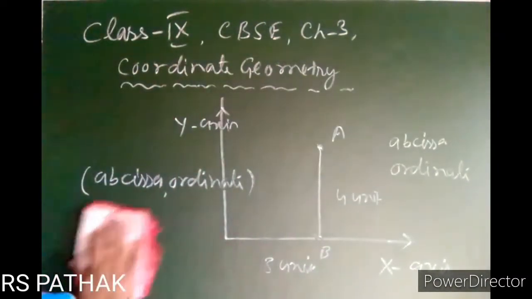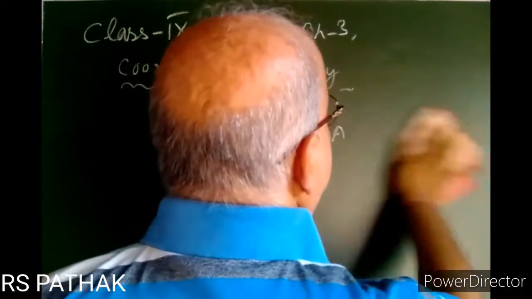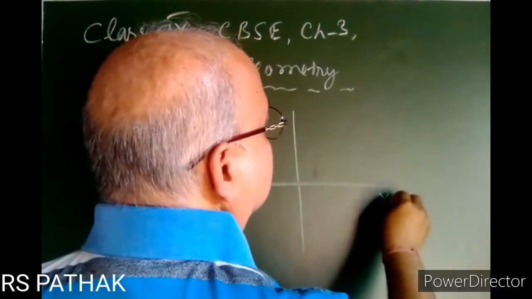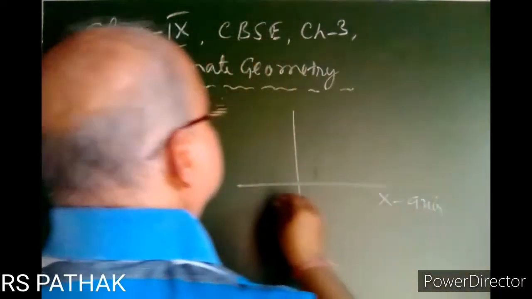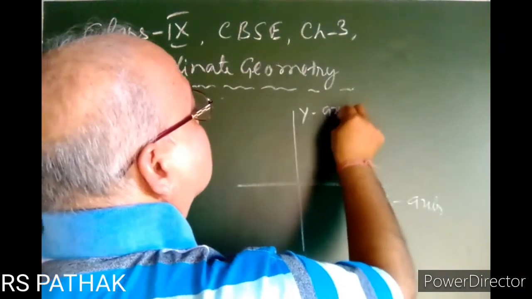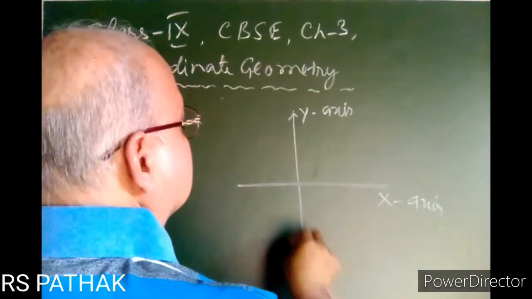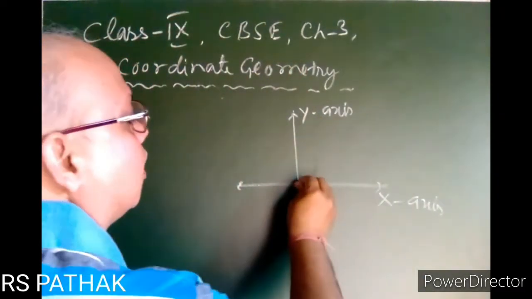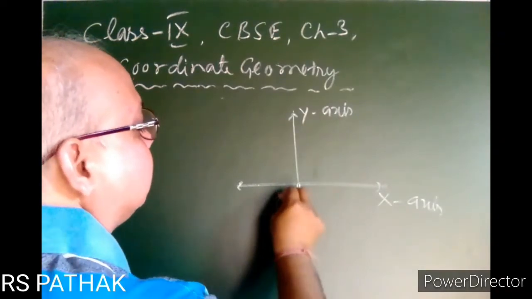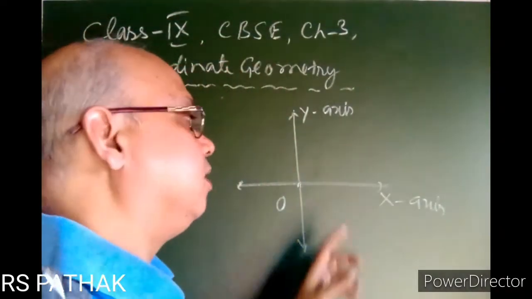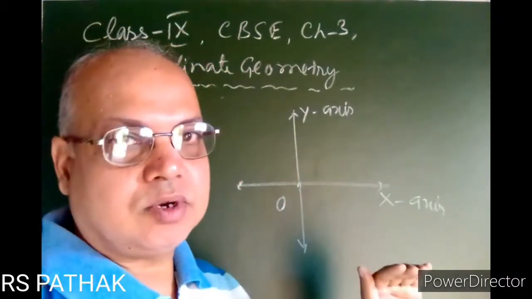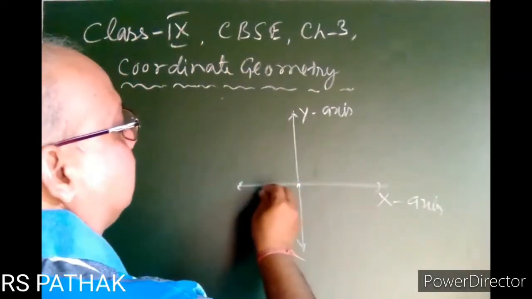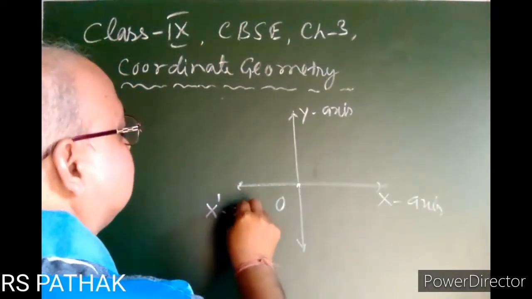Now I am going to explain in a broader way. This is called the x-axis, this is called the y-axis. These two coordinate axes meet at the point O. This is called the origin. These two axes are mutually perpendicular to each other, and this is the x dash axis.